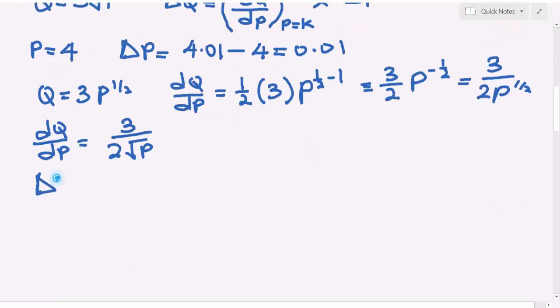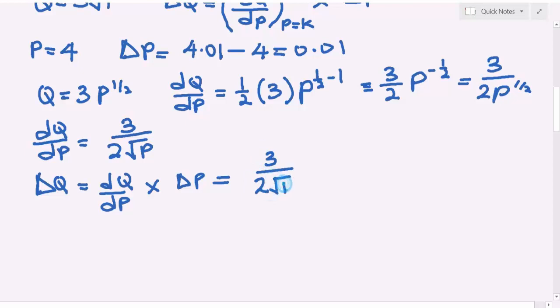Recall that our delta q, or change in q, is equal to dq/dp times the change in p, delta p. Let us start substituting the values. dq/dp is written as 3 over 2 root p times our delta p, which is 0.01. Our p is equal to 4.